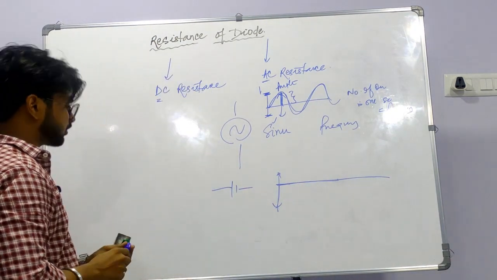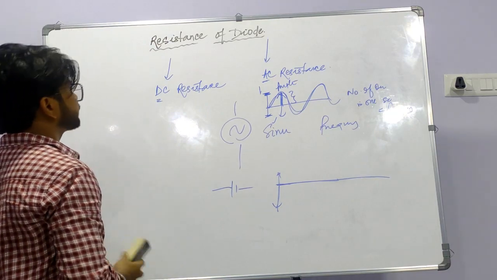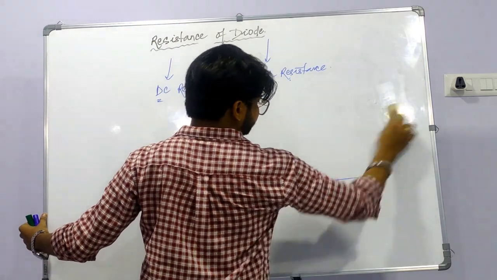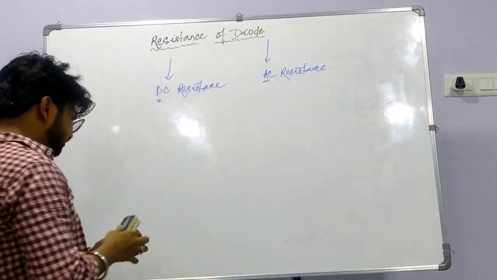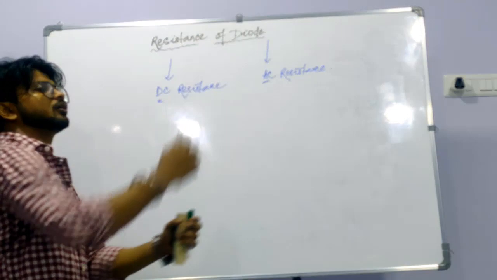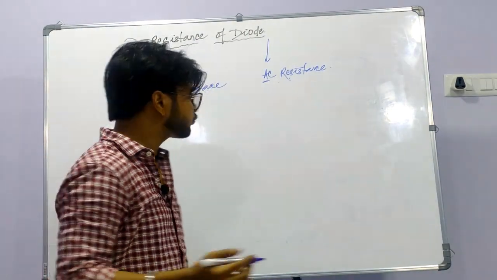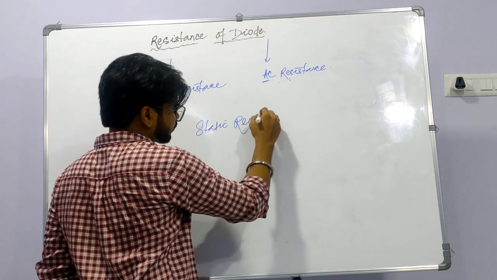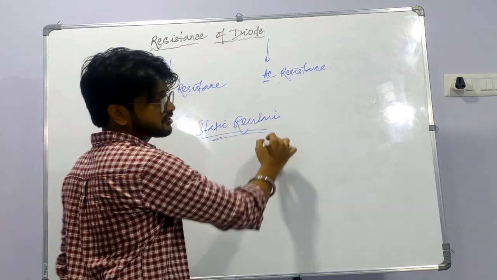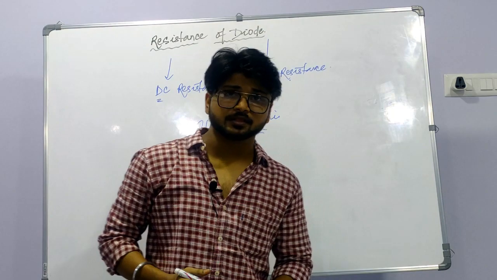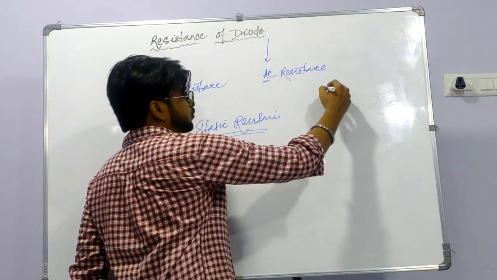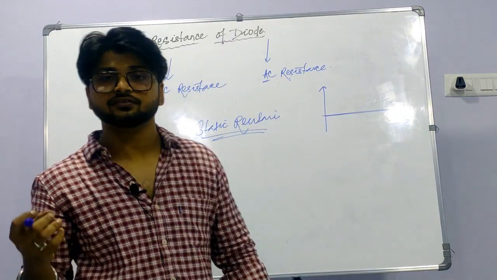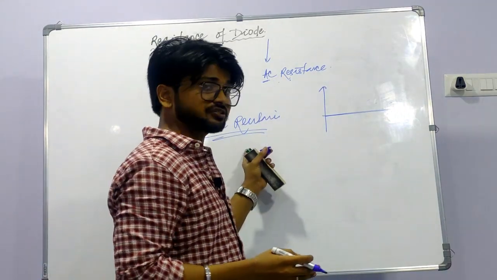Now coming back to the topic, that is the AC and DC resistances. First, discussing the DC resistance, we could say DC resistances are also called the static resistance, because this resistance does not vary with time. As we know, the DC current is a constant current, so as the current or the voltage does not vary with time, the same goes with the resistance.